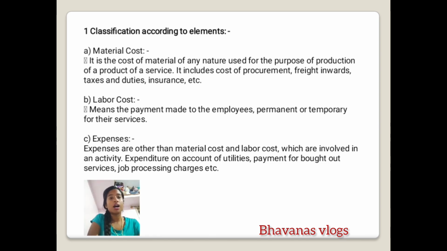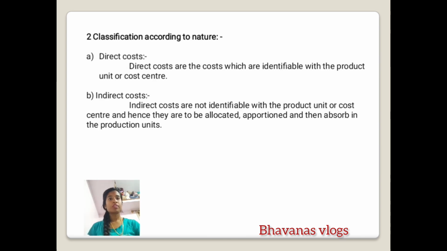Expenses other than the material cost and the labor cost, which are involved in an activity, expenditures on account of utilities, payments for bought out services, job processing charges, etc. All the expenses incurred in producing the product other than the material cost and the labor cost come under the other expenses.